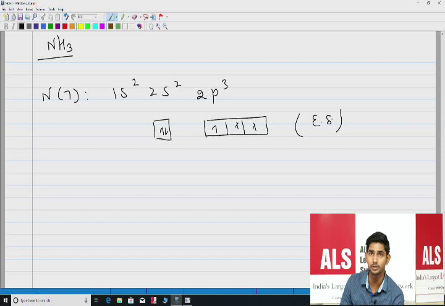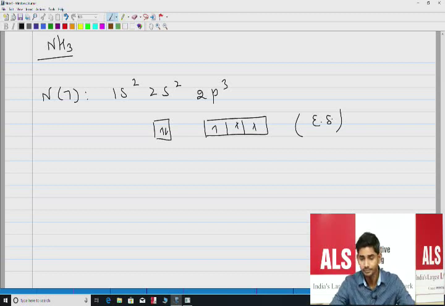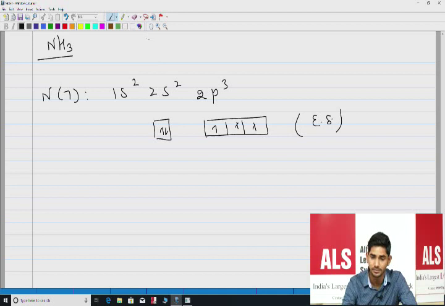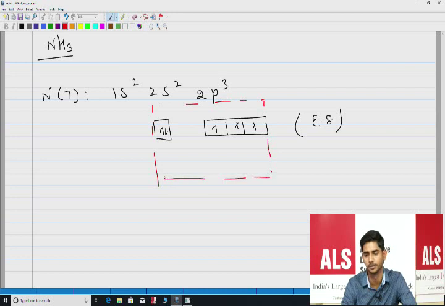But in nitrogen, the 2p orbitals are already containing unpaired electrons. There is no extra vacant orbital over there. But yes, these orbitals would participate in hybridization.